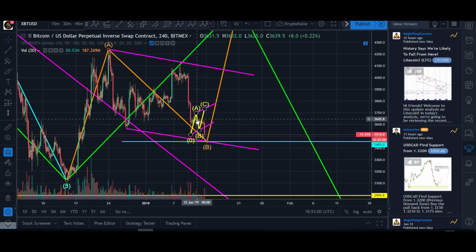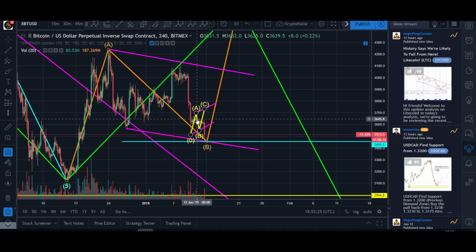Like I said in the last video, I don't just draw patterns like bull flags, bear flags, triangles, and other kind of stuff because I've looked at it and said, hey, there's a bull flag. I always identify the wave pattern inside the pattern structure because then you can avoid any fake breakouts.